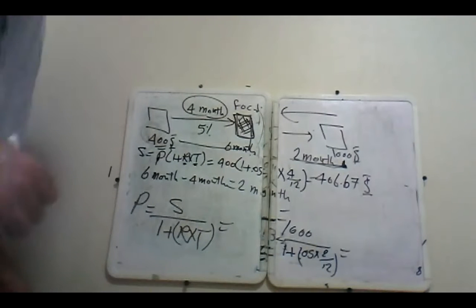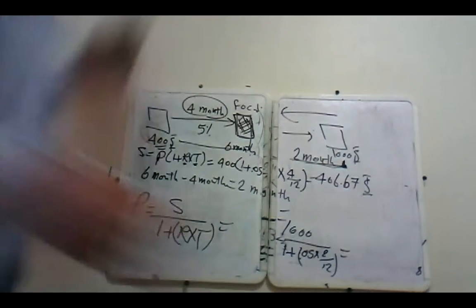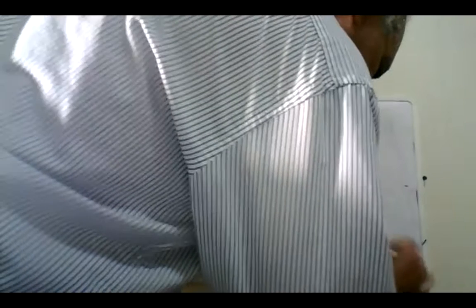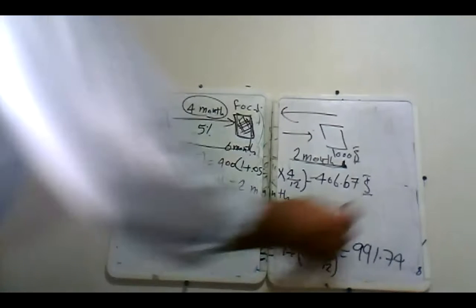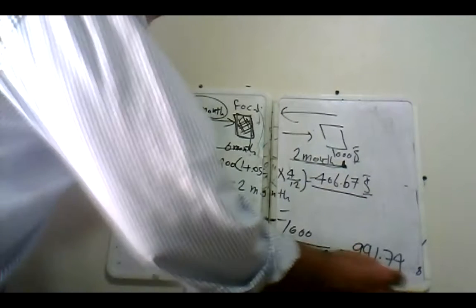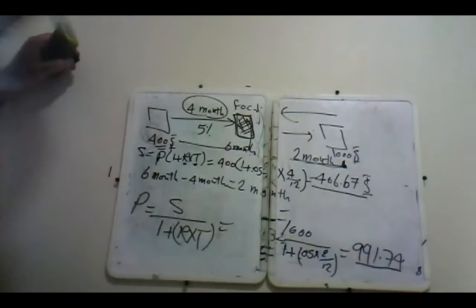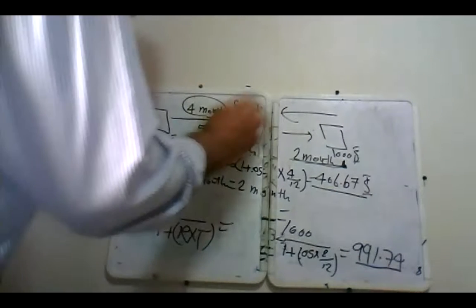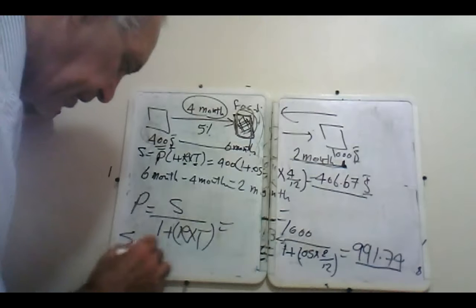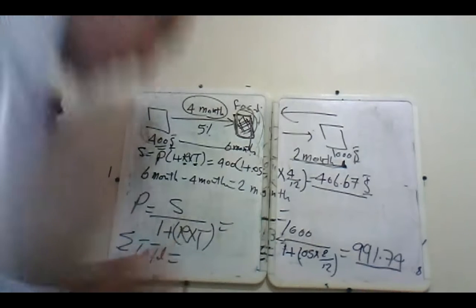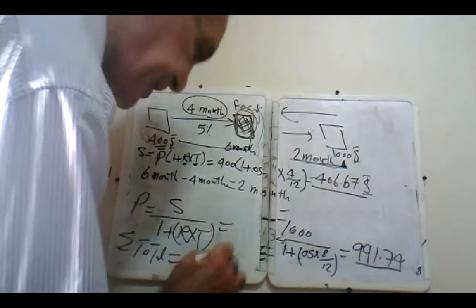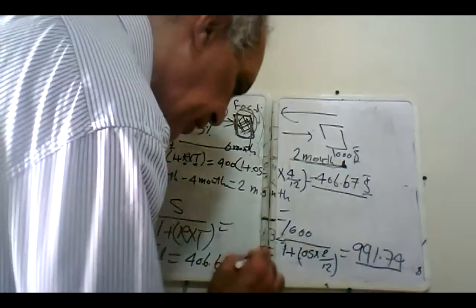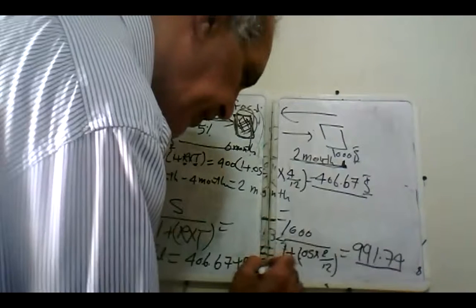991.74 dollars. So this amount is 406.67, and this amount is 991.74. Then the total on the focal date will equal the first amount, 406.67, plus the second amount, 991.74.